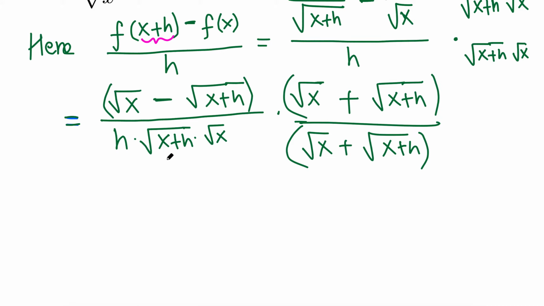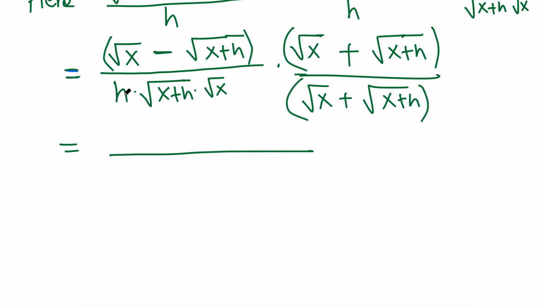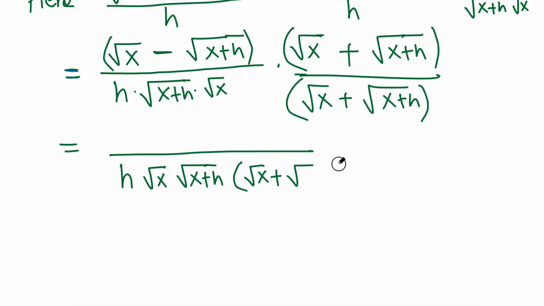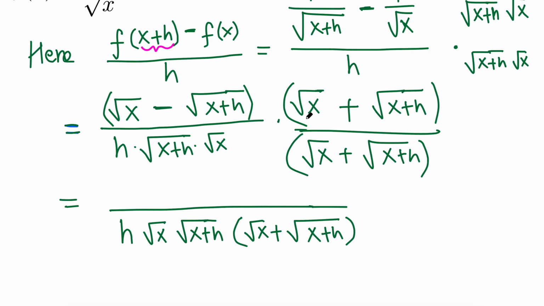Where we have times, we don't need parentheses. Now we want to multiply the tops, multiply the bottoms. There was no issue on the bottom, so we just keep writing whatever we have here. So h, let me put this to the front, smaller looking term, and times, plus means quantity, whole thing, root x plus root x plus h. On the top, we multiplied by its conjugate, meaning the negative became positive.